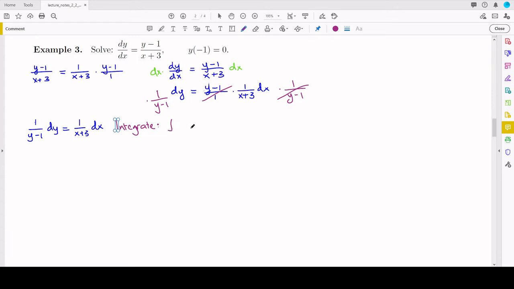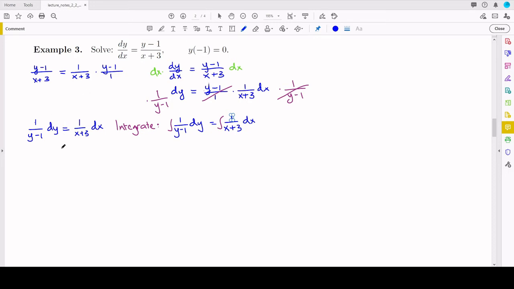I get the integral of 1 over (y minus 1) dy equals the integral of 1 over (x plus 3) dx. Both of these integrals require a natural logarithm.